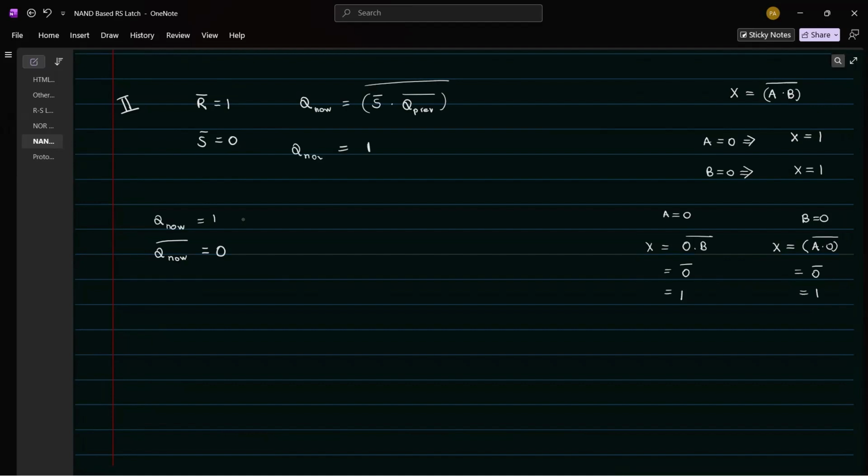Q now is equals to 1. I'm applying this knowledge. Since Q now is equals to 1, from this I can derive Q now bar is equals to 0. And the expected outcome is satisfied.